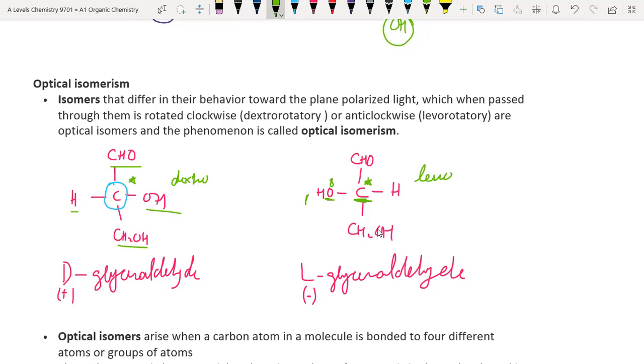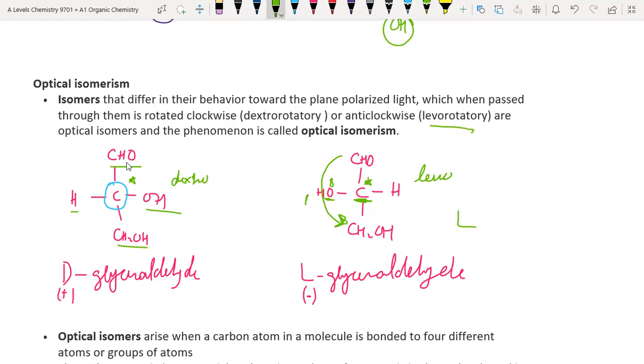Then we have to check which structure would be given the name. Carbon. This is carbon. Then carbon is attached to hydrogens. If this structure is giving anti-clockwise numbering, then we will call it levorotatory or L structure.